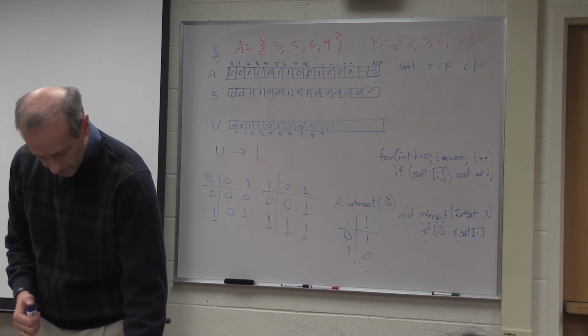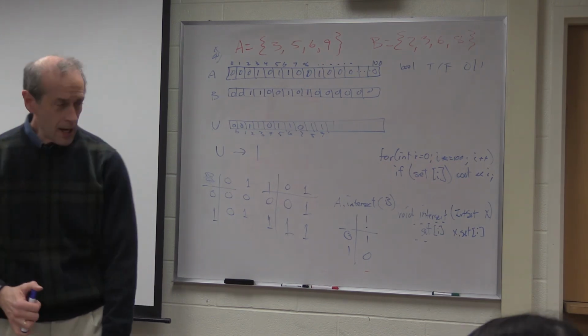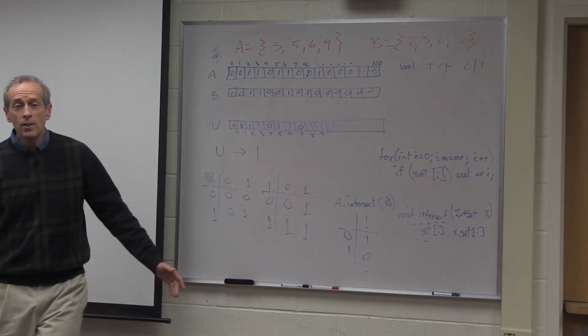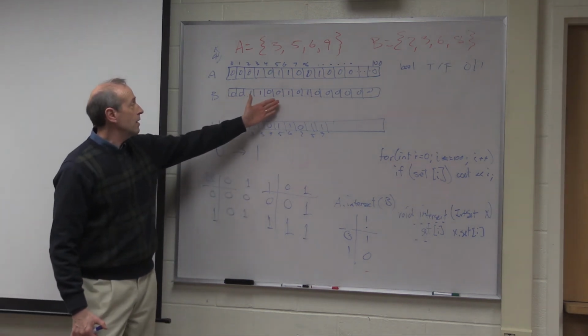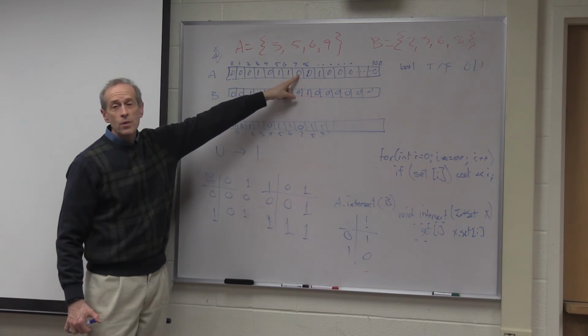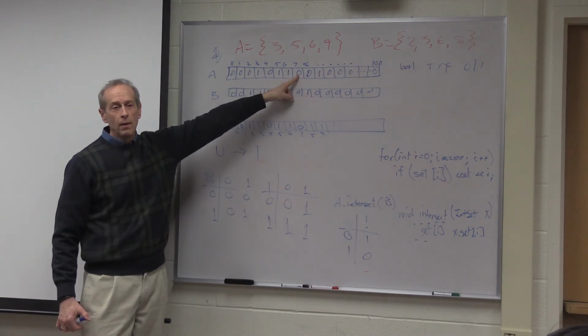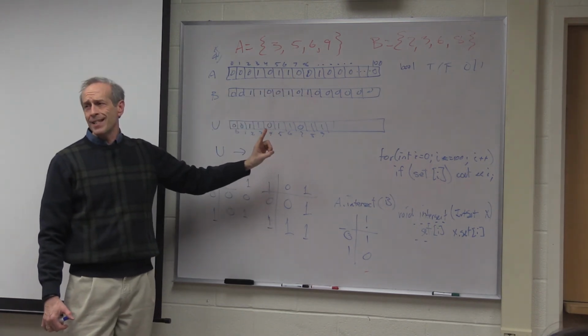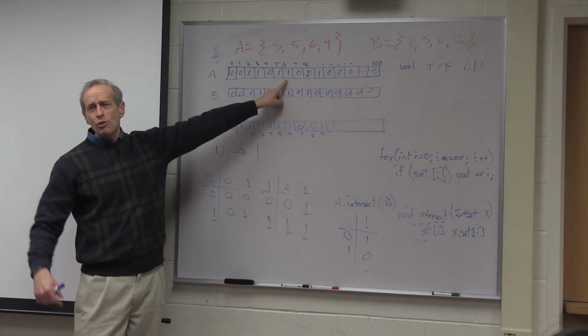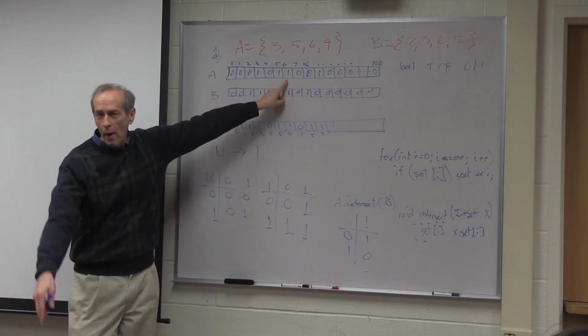Okay. The insert and the delete. If I want to insert 7 into A, all I have to do is just make sure there's a 1 there. If I want to add the element 6 into A, don't check to see if a 1 is already there, just put a 1 there.